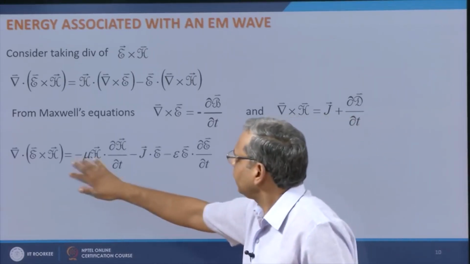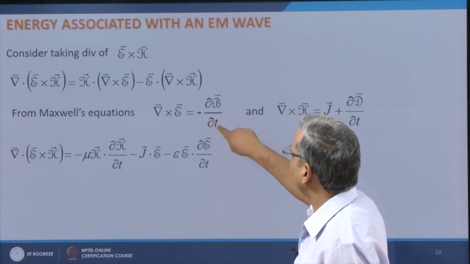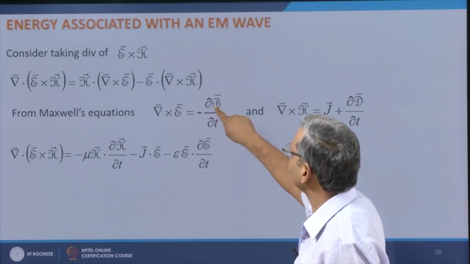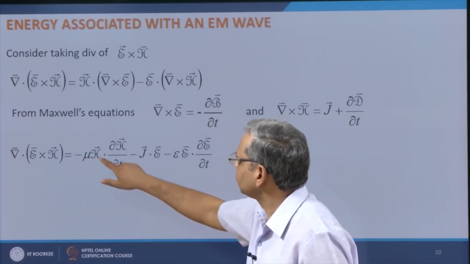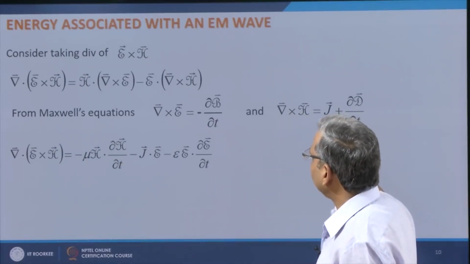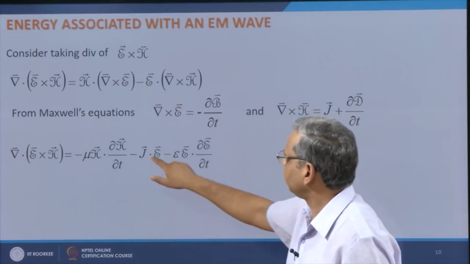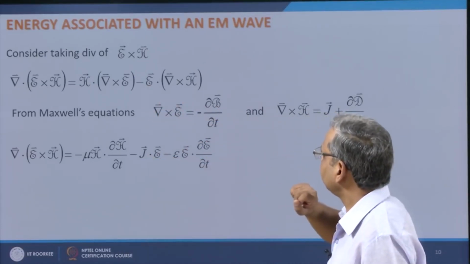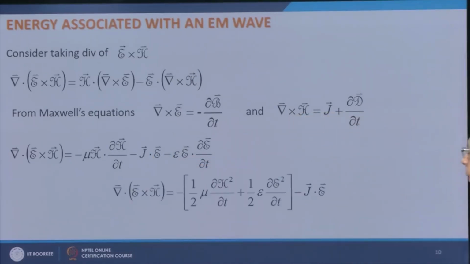So, this del dot E cross H can now be written as minus mu times H dot del H over del t, minus J dot E, minus epsilon times E dot del E over del t.